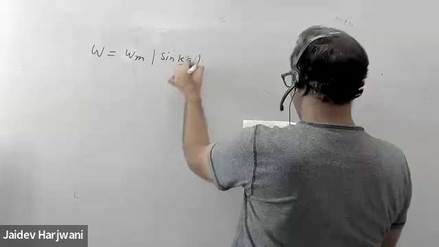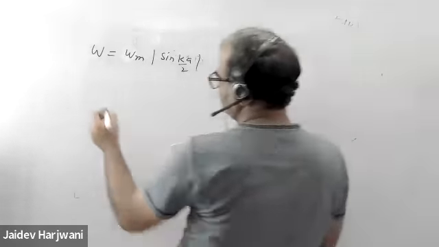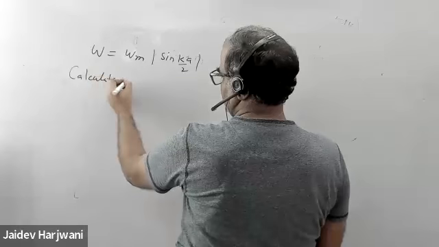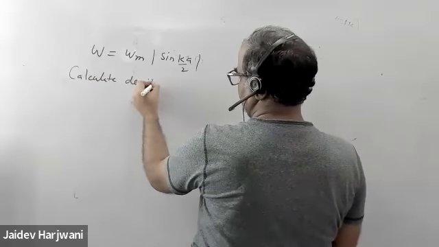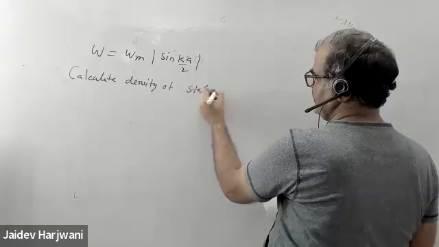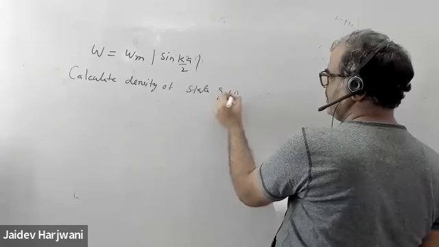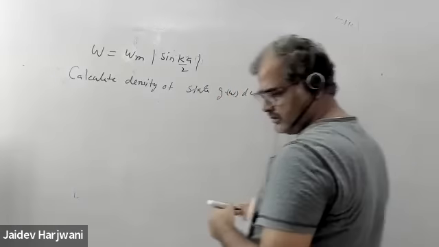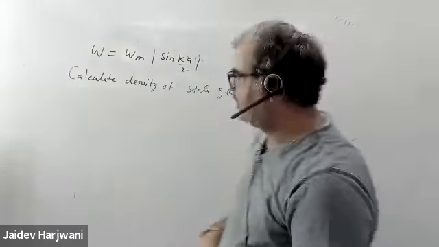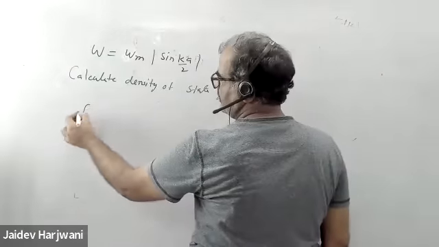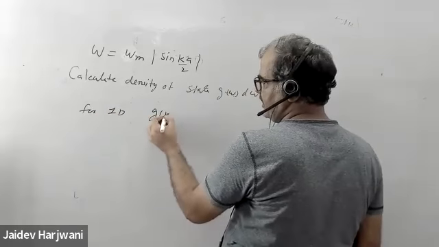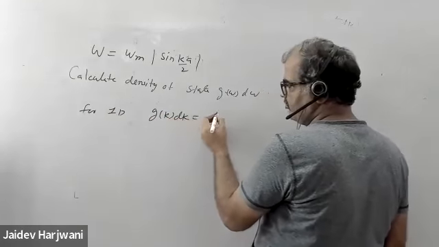I told you to calculate the density of states function, g omega d omega. Just now we have calculated for 1D. For 1D, what did we calculate? g_k dk is equal to what?